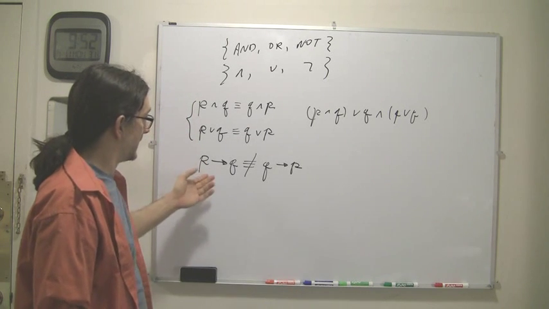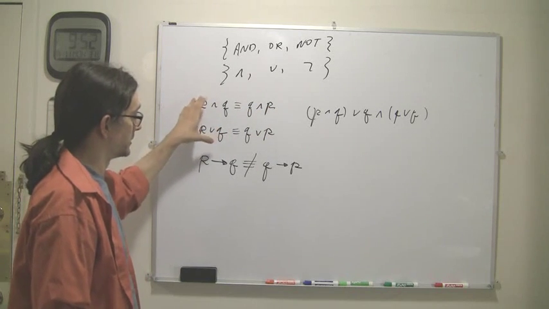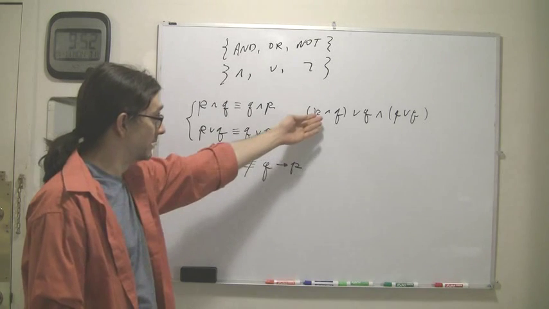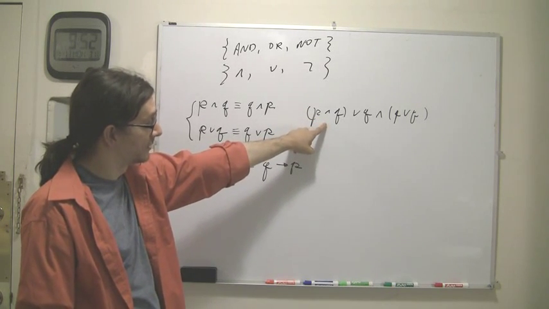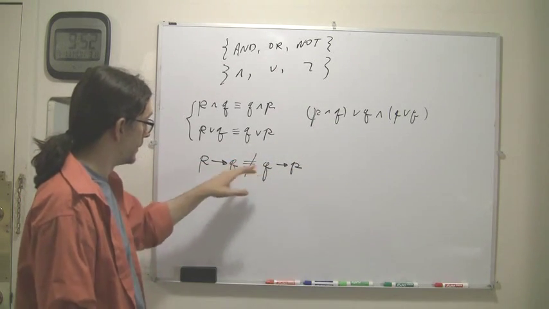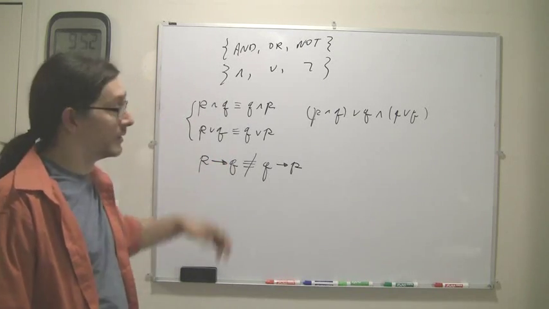This means immediately that I can never hope to write P implies Q using only ands and ors, because this is not commutative. And whatever I write using only ands and ors will be commutative, right? So ands and ors, no, they are not functionally complete.